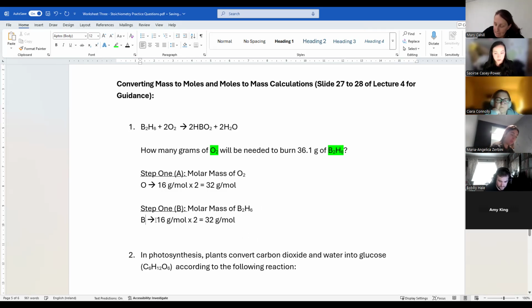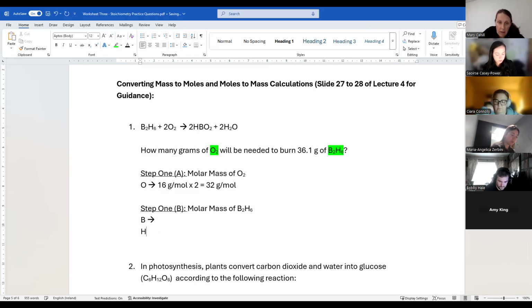In terms of my B2H6 there, I obviously have my boron and I have hydrogen as well. Just bear with me, I just need to get the boron molar mass. Okay, so boron weighs 10 grams per mole. And we have 2 atoms of boron in B2H6, so that'll give me 20 grams per mole in total for my boron.